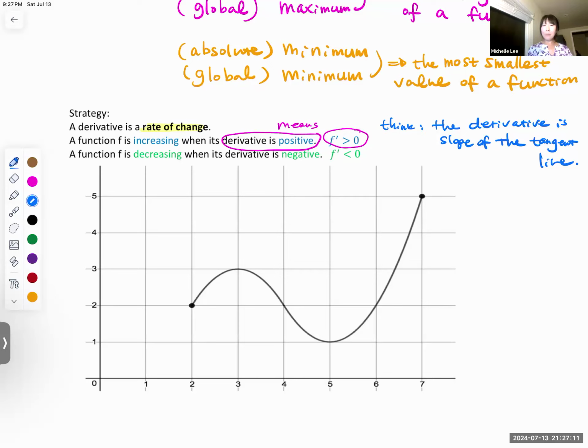Then f prime greater than 0 means the slope is positive. So in other words, positive slope.